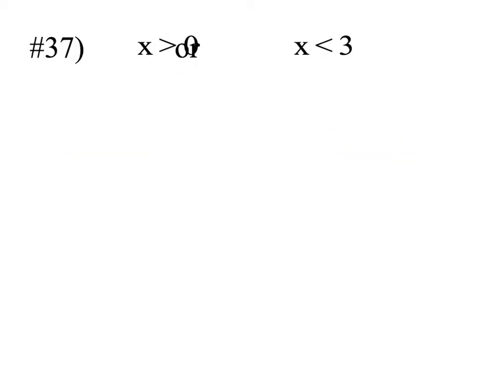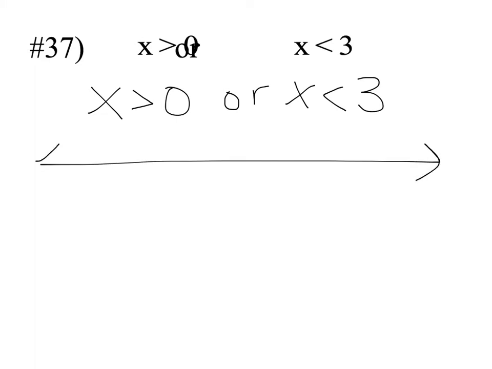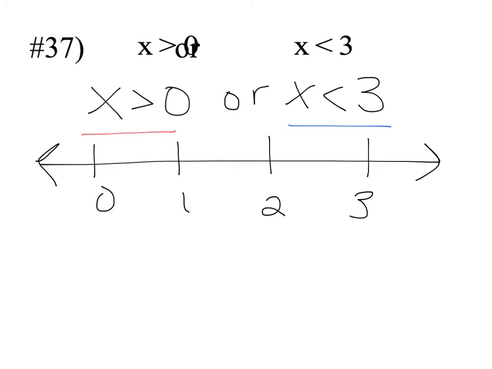Alright, number 37 says x is greater than 0 or x is less than 3. Again, we're going to use our labels, red and blue. So we've got 0, 1, 2, and 3.